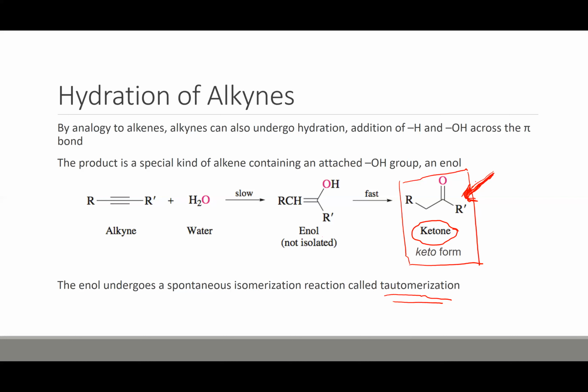So again, alkynes will form this enol that then becomes a ketone. So notice that our double bond has now essentially transferred to where this oxygen was.